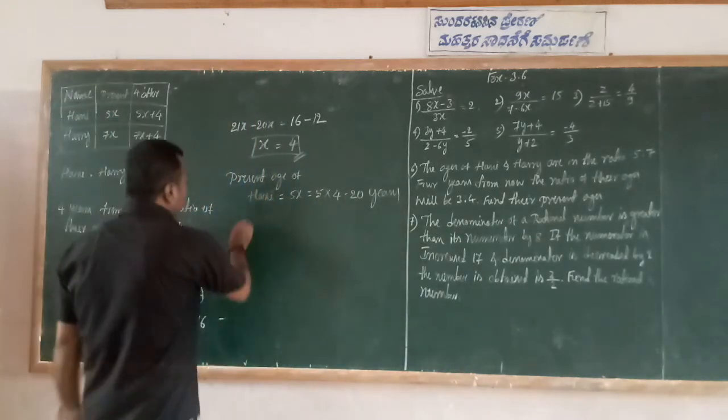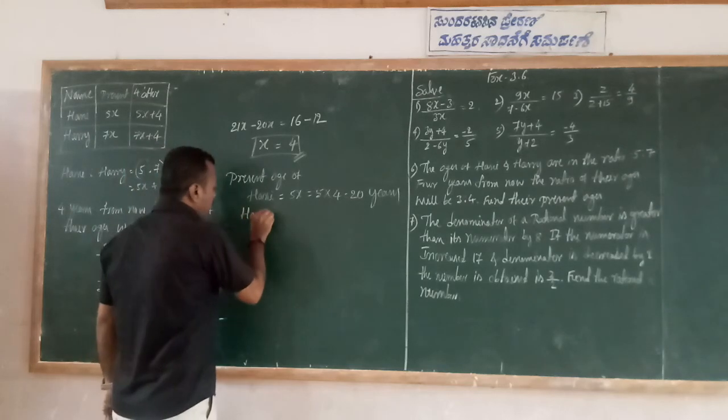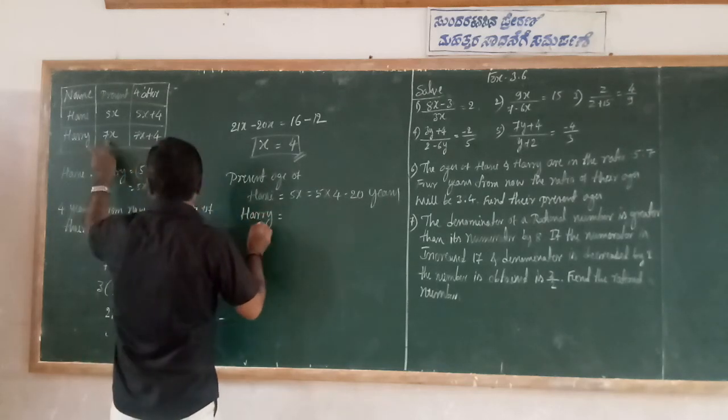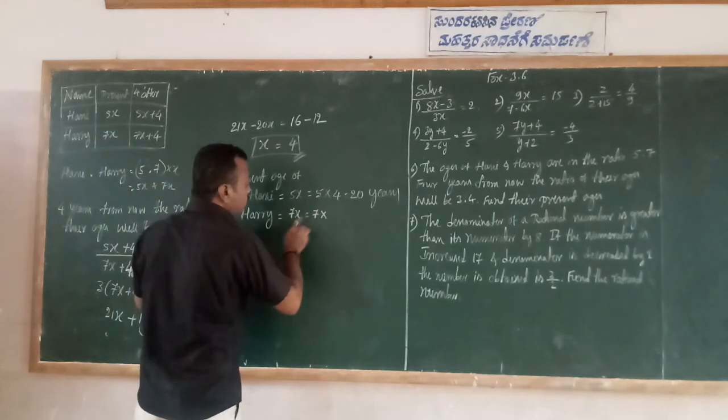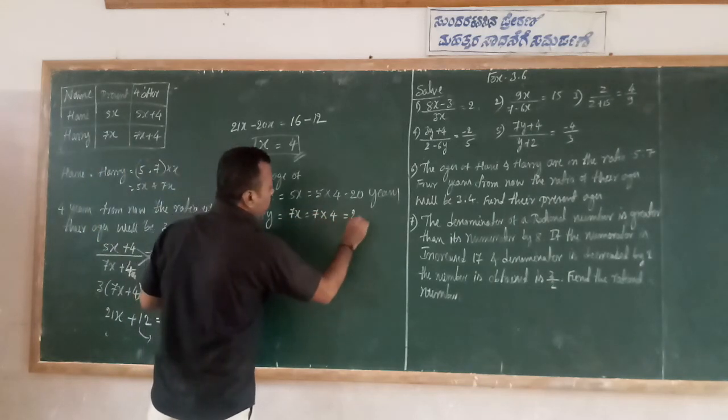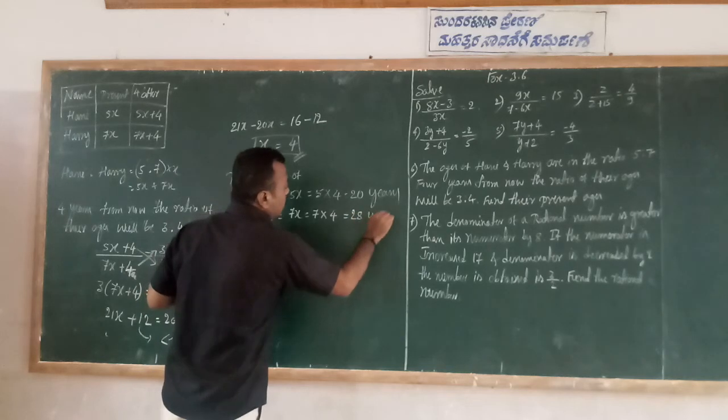Like that, the other's present age is 7x, which is 7 into 4, that is 28 years.